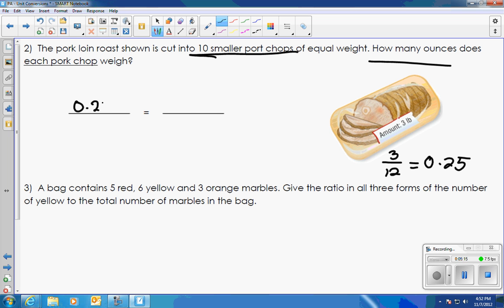So if I've got 0.25 pounds, I want to know how many ounces that is. Well, there are 16 ounces in every pound, so I'm going to end up multiplying. So 0.25 times 16 is 4.